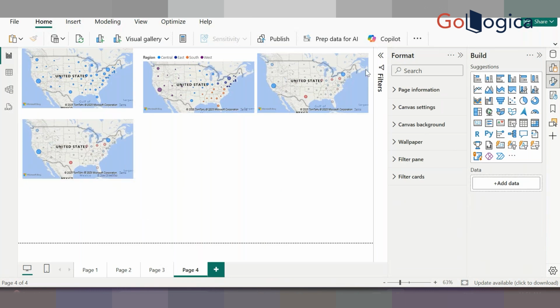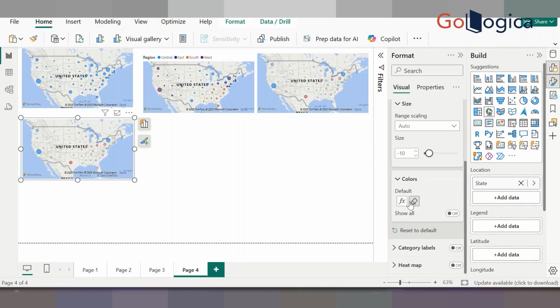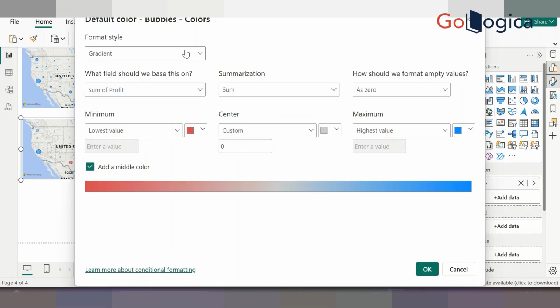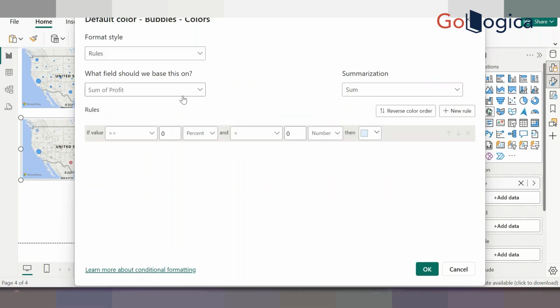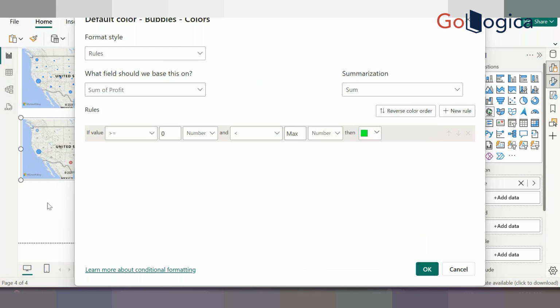I see. Instead of having this as a gradient color, I can even go with the bubbles, and I can go with the rules here. I can say, if the profit is positive, I want to show it in green color. If the profit is greater than or equal to zero and less than the maximum value, I show it in green.